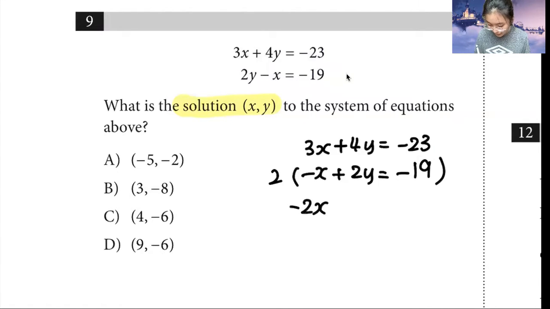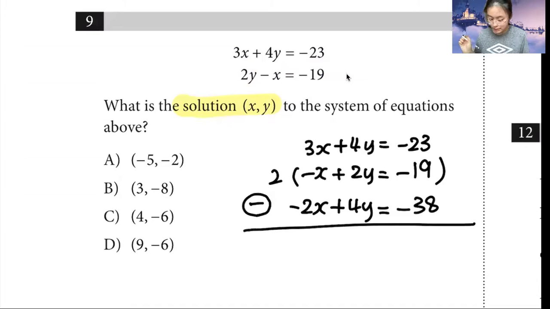And that would be 2x plus 4y equals 38. All right. And then we will end up with two equations and we could just eliminate. We are going to subtract the bottom equation by the very top equation.